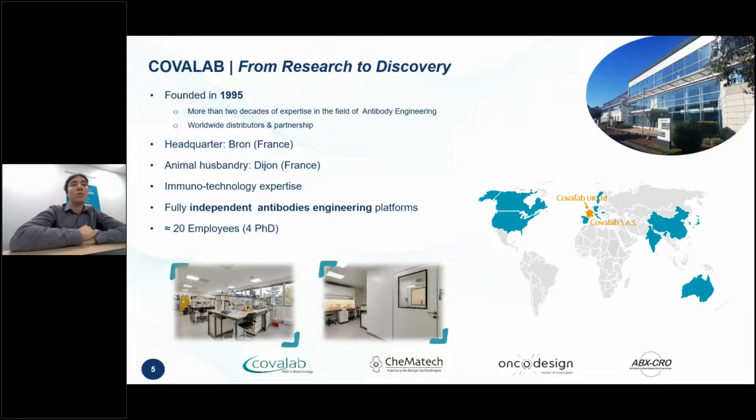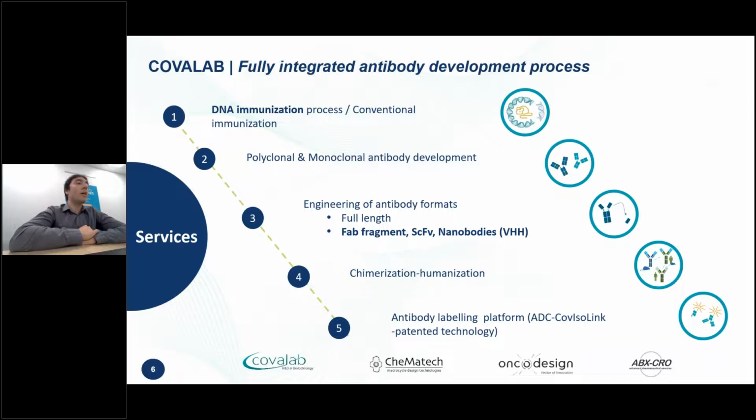For that, I will present my next slide, our antibody development process, fully integrated in Covalab. First, we can start with the immunization part, which could be conventional or based on DNA, that I will present in the next slides. After, we can develop those antibodies using polyclonal or monoclonal antibodies.